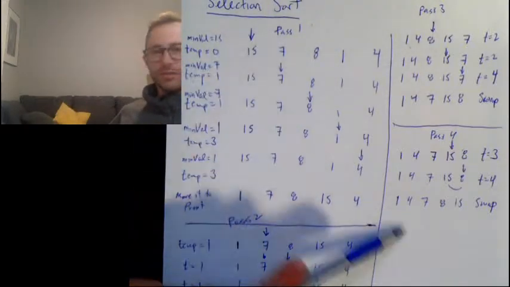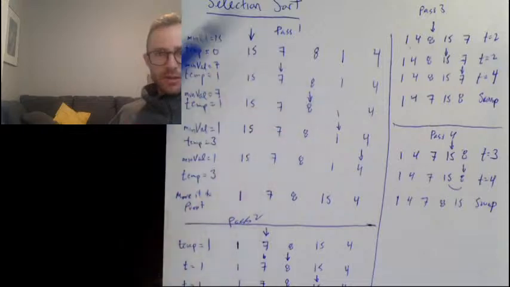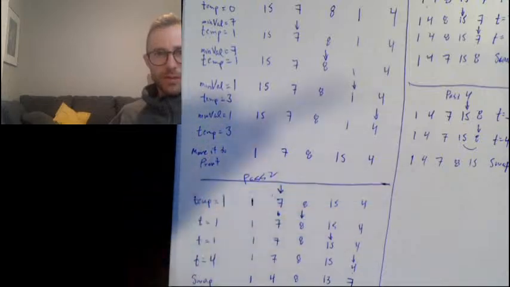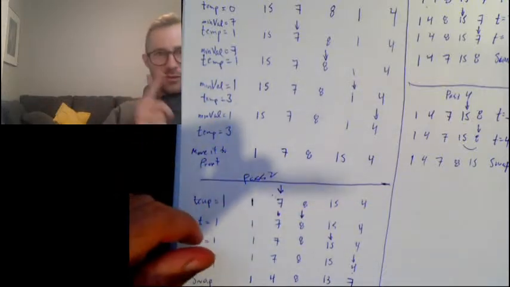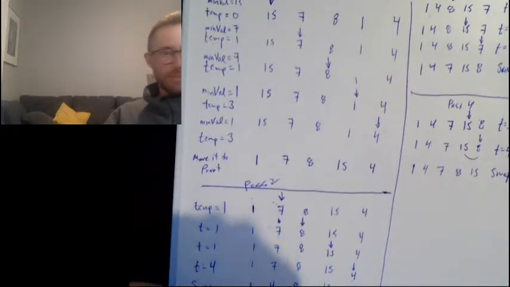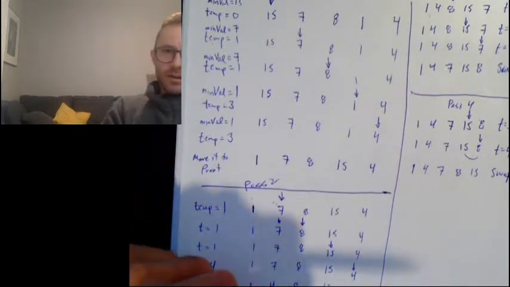The first pass is the longest because you had to go all the way. For pass 2, I only had to go from element 1 to 4. You get what I'm saying? So it gets faster as it progresses along. But still, this is not a very efficient sorting algorithm.